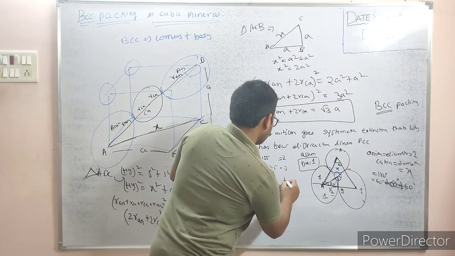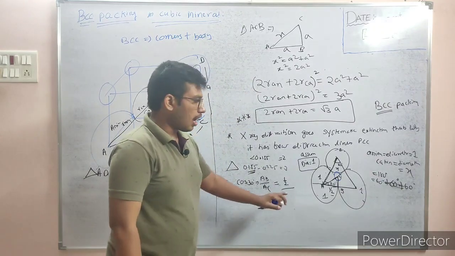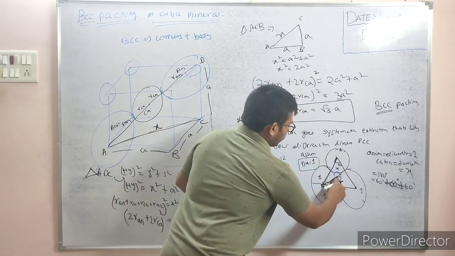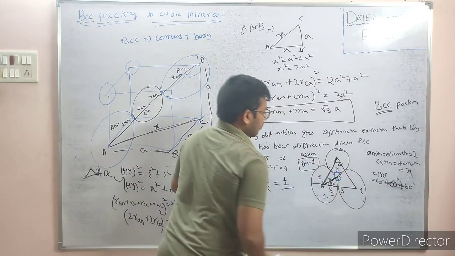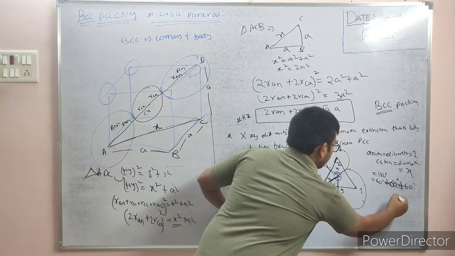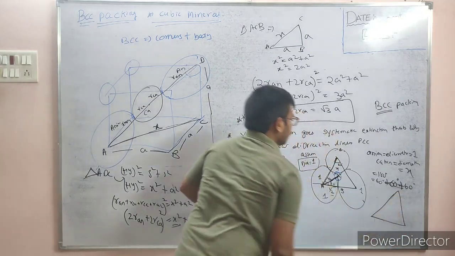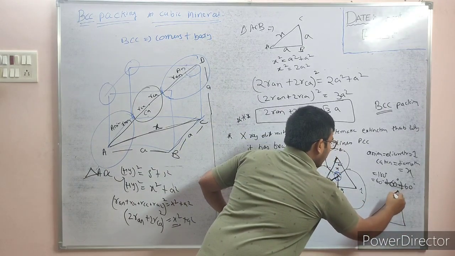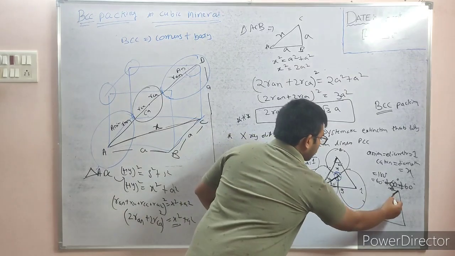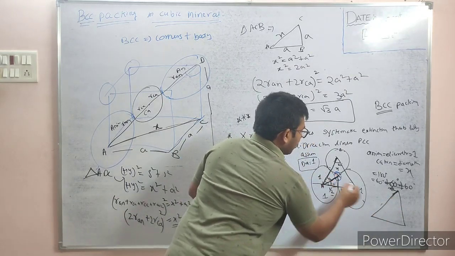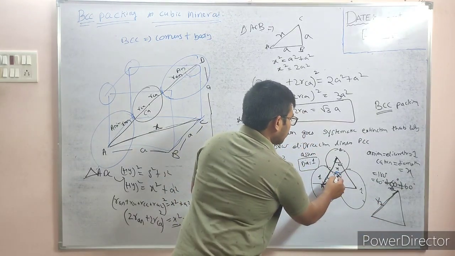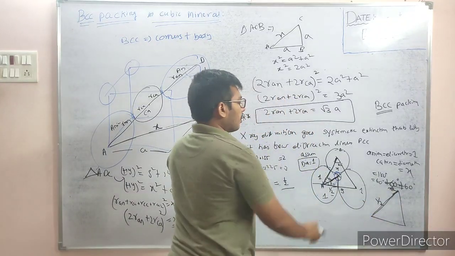So what you will put? Half upon this one. The hypotenuse will be how much? The hypotenuse will be this half plus x by 2, because if you elaborate this triangle, this portion is contributed by the anion, which is half, and this portion is contributed by the cation, which will be x by 2, because the whole diameter is x.